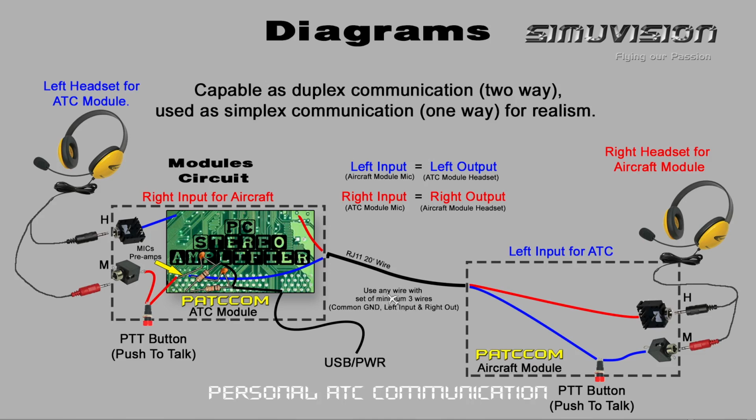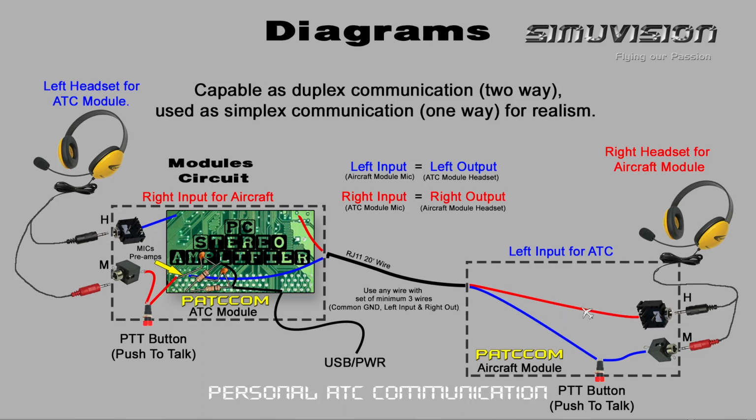Please make sure that you have a set of minimum 3 wires. One you will use as common ground, another you will use as left input, and the right output. Because remember one thing, that you have the opposite end input at one end, and then you have your own output.